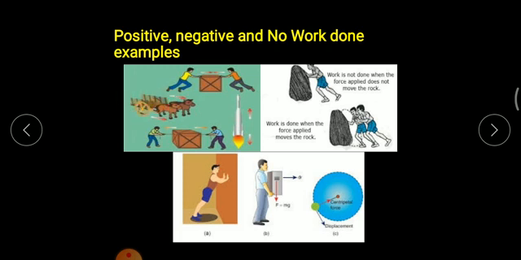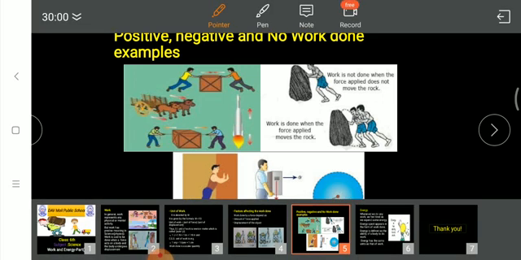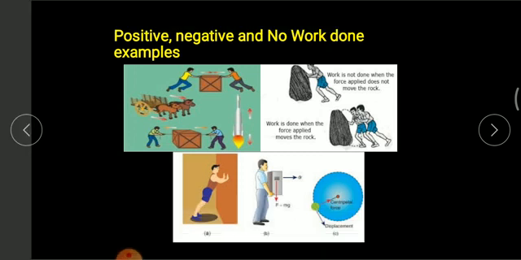Whenever force and displacement are in the same direction, we say it is positive work done. This horse is moving in this direction, and this cart is also moving in this direction. So the force applied by the horse is in one direction, and the object is also moving in the same direction as the force. Whenever both directions are the same, we say it is positive work done.